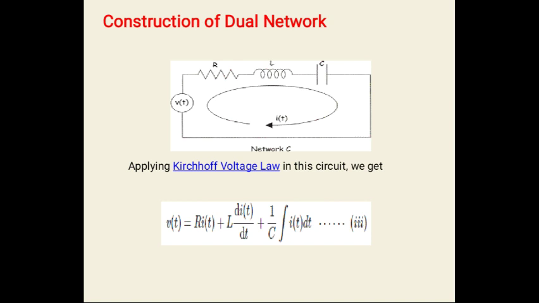We get Vt is equal to R IT plus L dI upon dt plus 1 upon C integration of IT dt, where R IT is the voltage drop across resistance R, L dI upon dt is the voltage drop across the inductor, and 1 upon C integration of IT dt is the voltage drop across the capacitor.